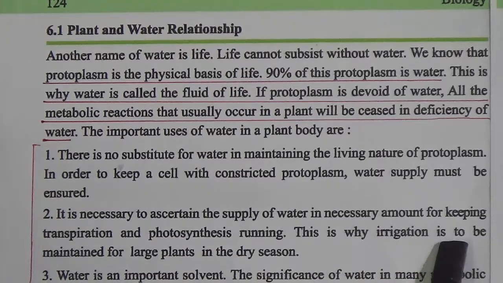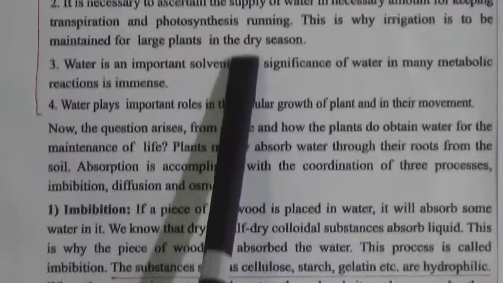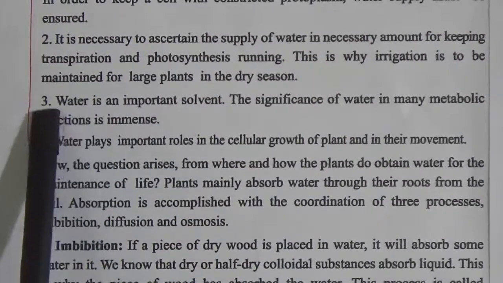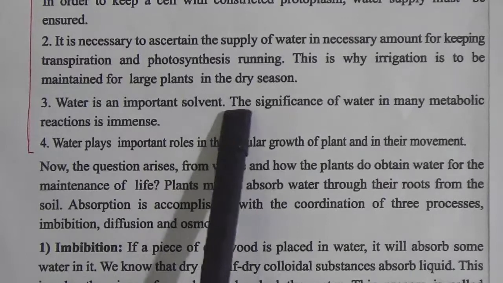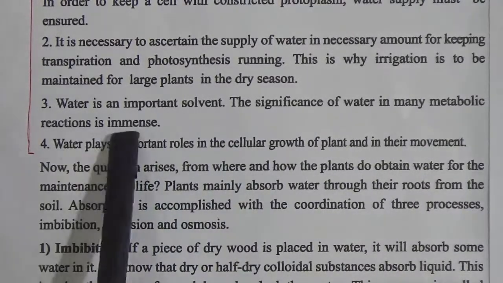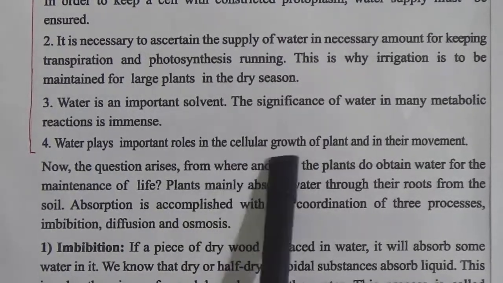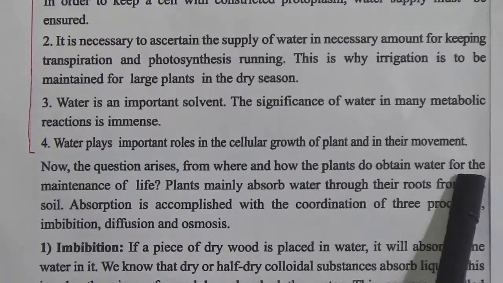And this is why irrigation is to be maintained for large plants in the dry season. Third, water is an important solvent. The significance of water in many metabolic reactions is immense. Next, water plays important roles in the cellular growth of plants and in their movement.